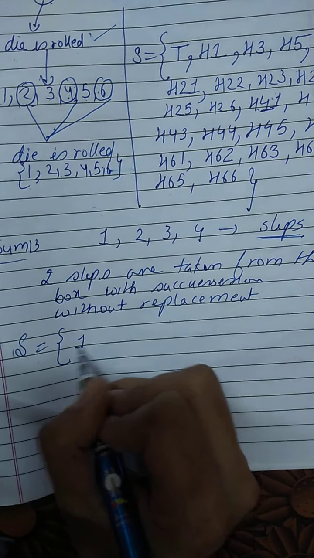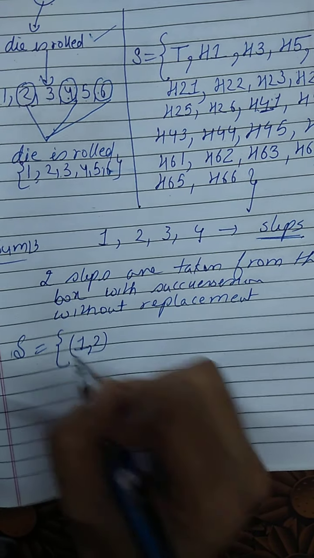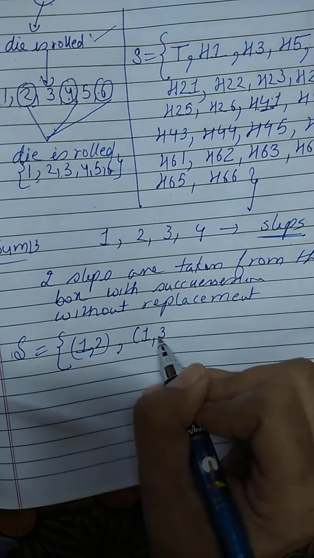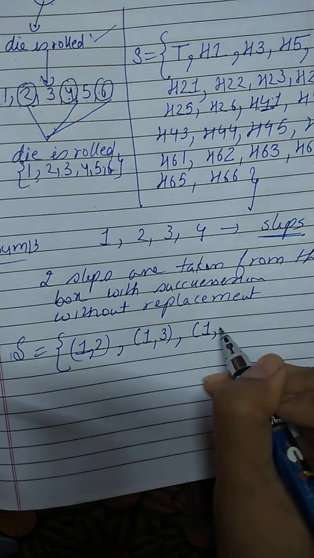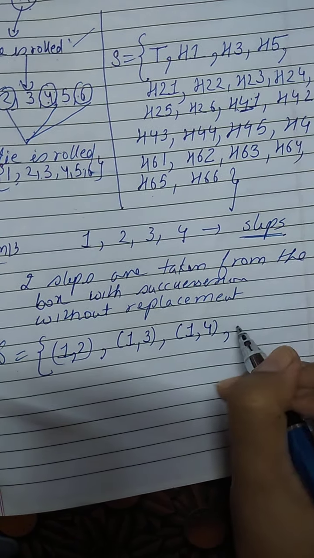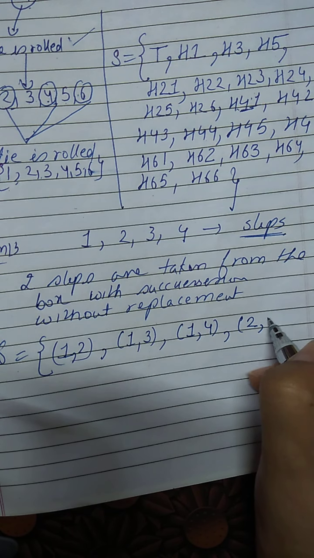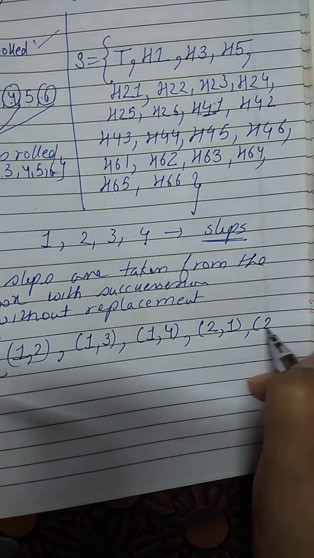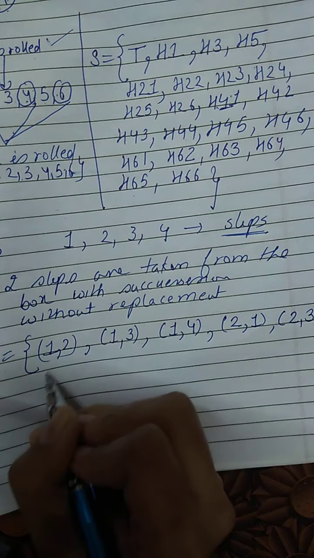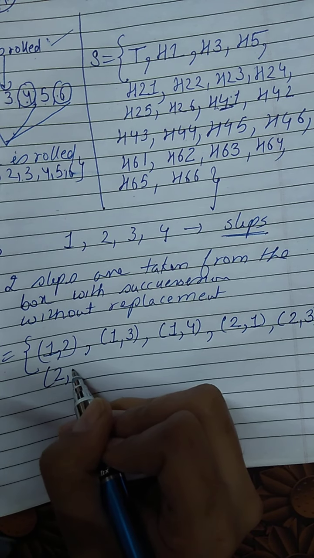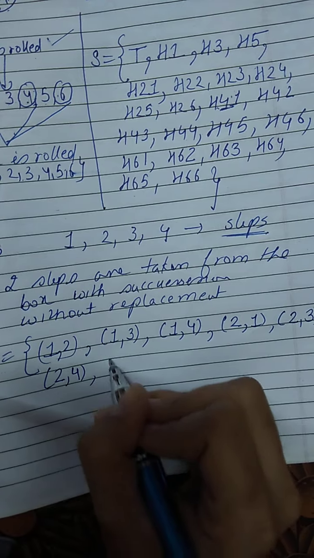The first slip can be 1, second slip can be 2. When the first slip is 1, second slip can be 3. When the first slip is 1, second slip can be 4 also. When the first slip is 2, second slip can be 1. When the first slip is 2, second slip can be 3 also. When the first slip is 2, second slip can be 4 also.